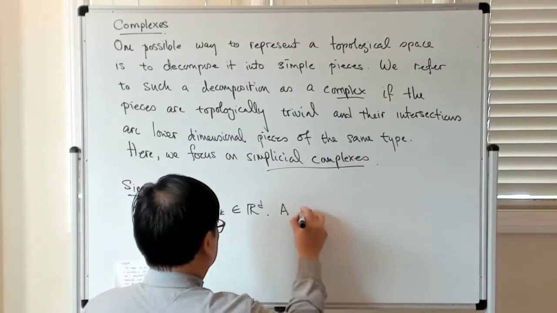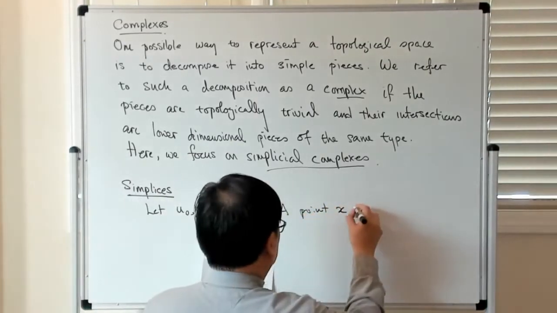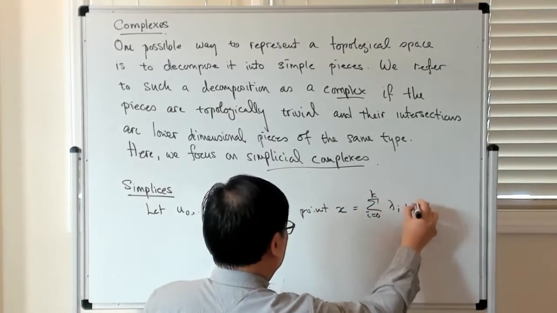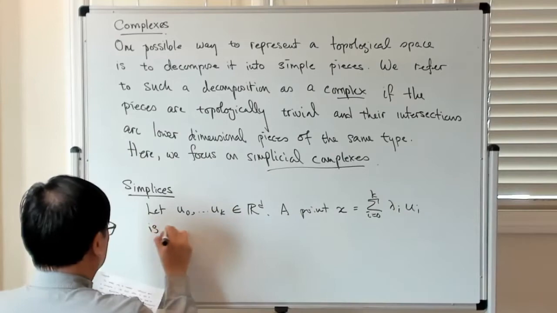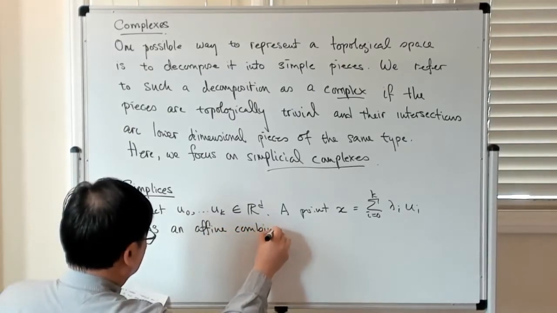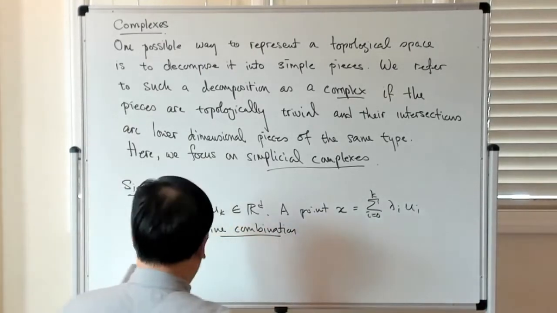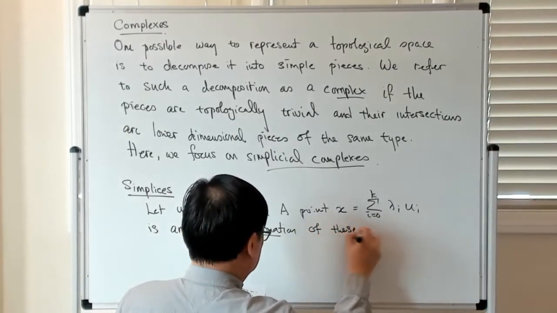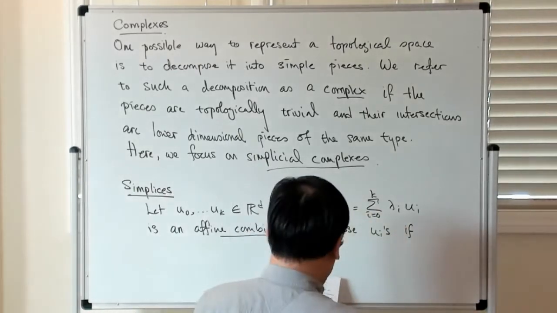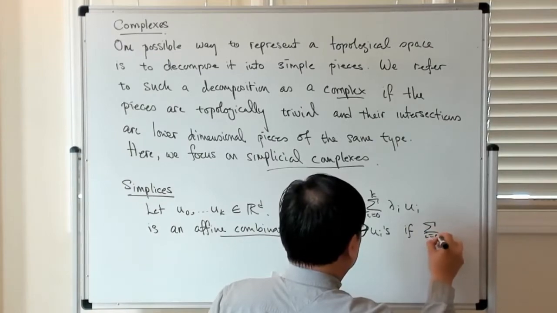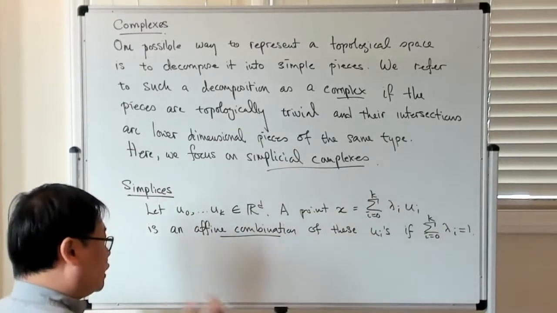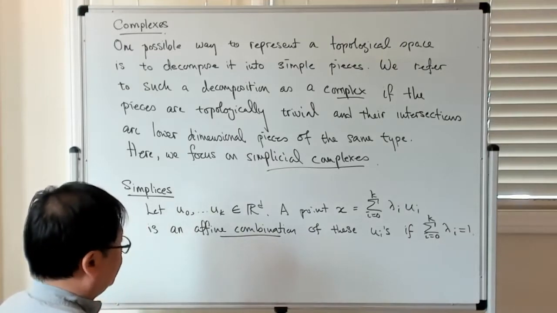Okay, and a point x, which is some weighted combination of these other points, the sum of lambda i ui, is an affine combination of these ui's, if the sum of the weights is 1.